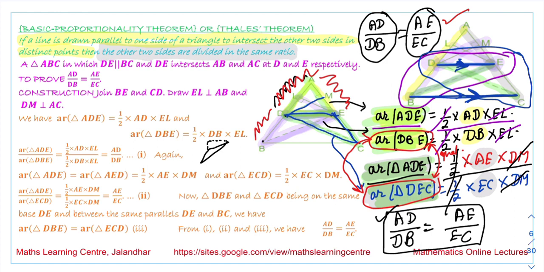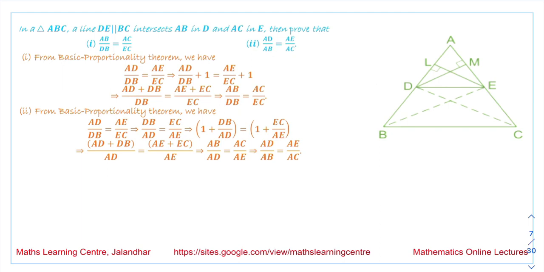Next, in a triangle ABC, a line DE, we are talking about this line DE, is parallel to the line BC, and the side AB is intersected at D, and this point is E. Now we have to prove two things.